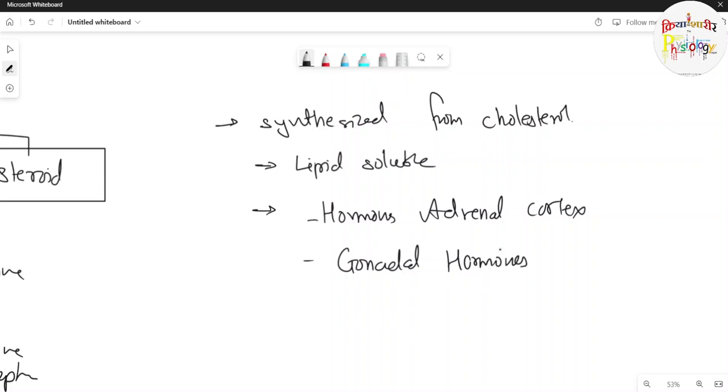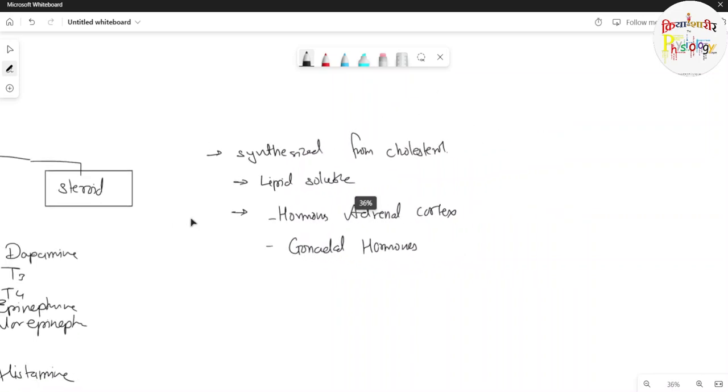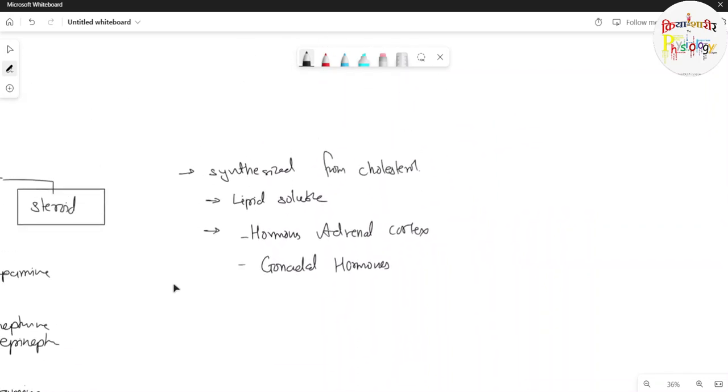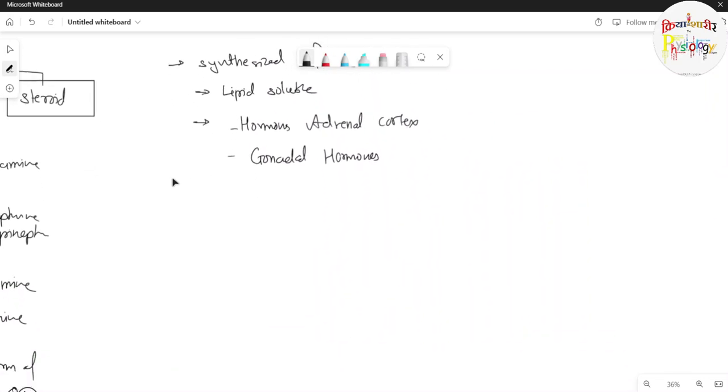These are the examples of steroidal hormones. Now we have seen that protein hormones and amine hormones are stored in granules, but steroid hormones do not get stored in the cell in the form of granules.